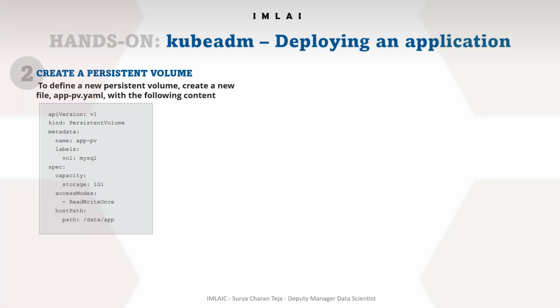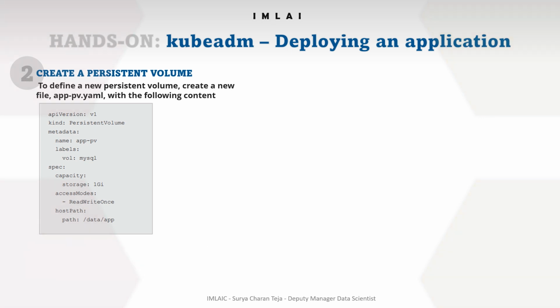So we can create that also. The name of this persistent volume is app-pv, and the label is volume: mysql. This is specifically a persistent volume, and it's for MySQL, so that's the reason. Then we have a spec: storage 1 GB, access mode ReadWriteOnce, so we need to have all the permissions to that. And then hostPath is /data/db.